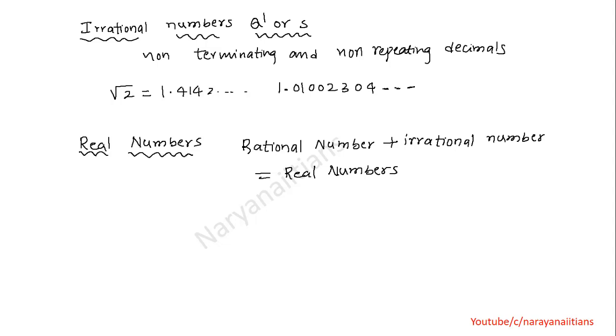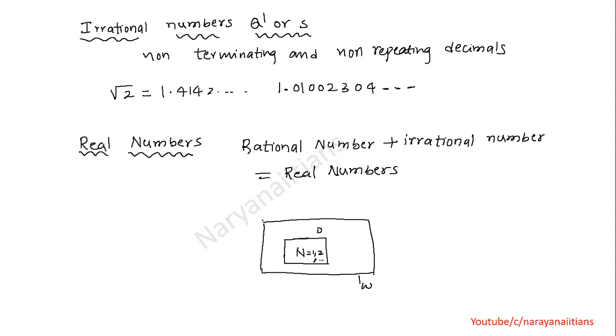See the Venn diagram for real numbers. N means natural numbers. The natural numbers contain 1, 2, 3 and so on. If you add 0 to the natural numbers, you will get the whole numbers. This box indicates the whole numbers.